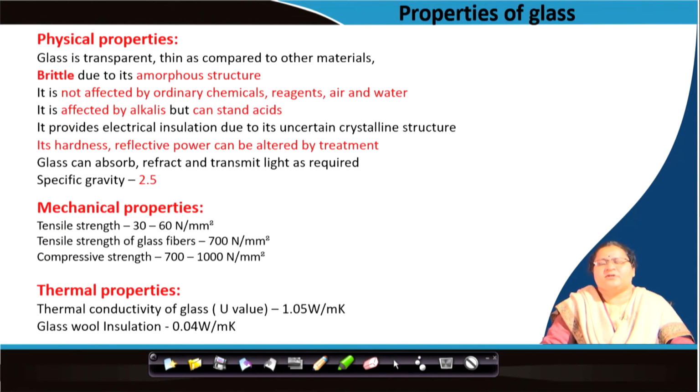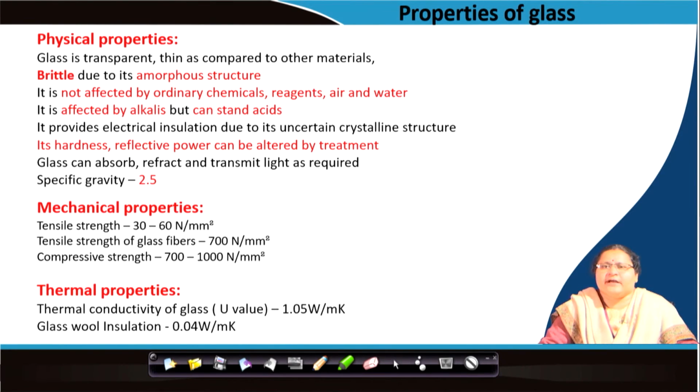So, let us come to the properties of glass. As I told you, glass is transparent, thin as compared to other building materials. Now as it is thin, you also need to know its thermal property. It is brittle due to its amorphous structure, which I also discussed.